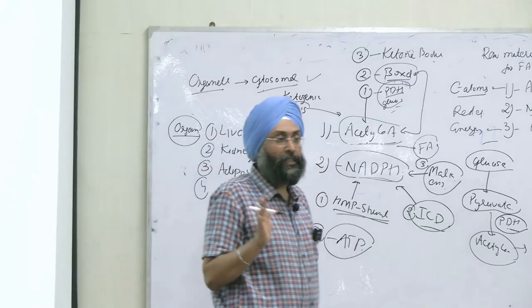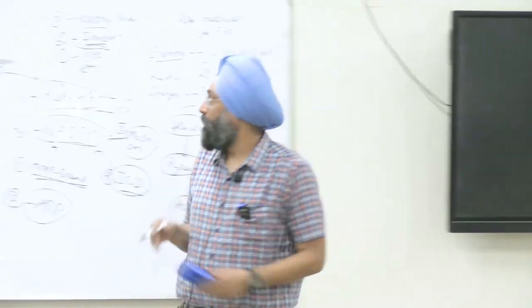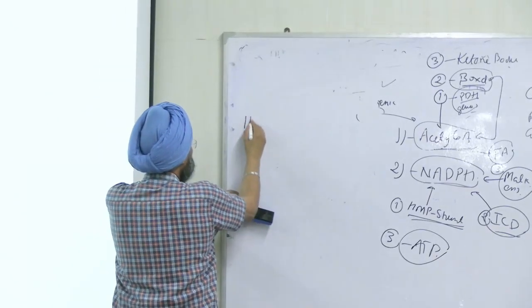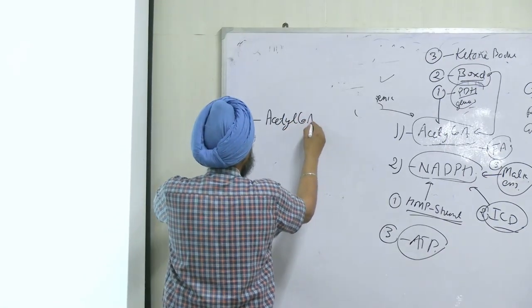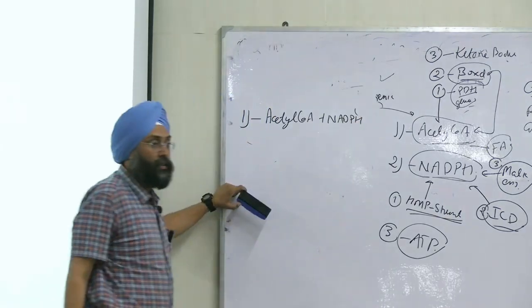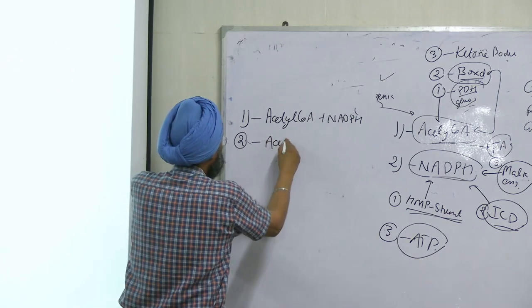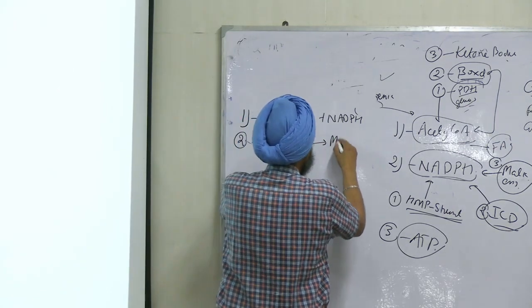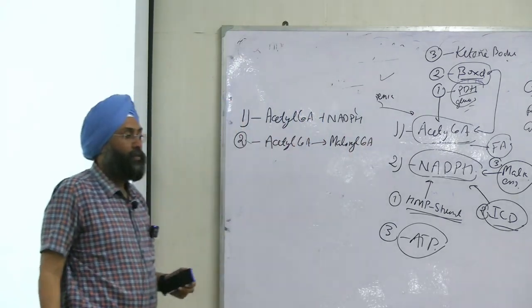Now the fatty acid synthesis broadly has three steps, right? First step is providing acetyl CoA and NADPH, right? And the second is conversion of acetyl CoA into malonyl CoA, right?